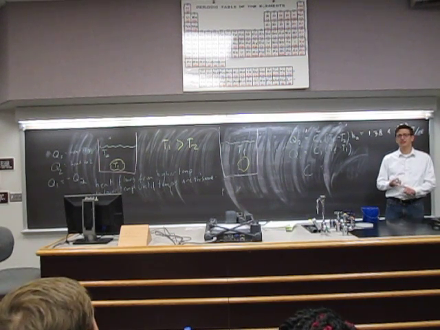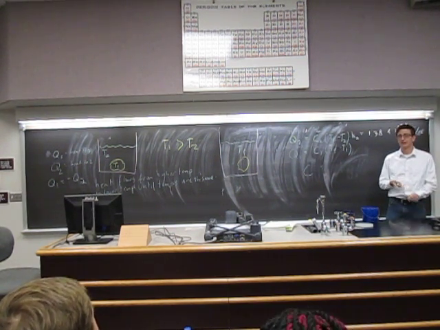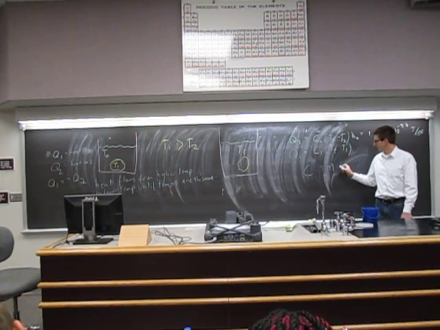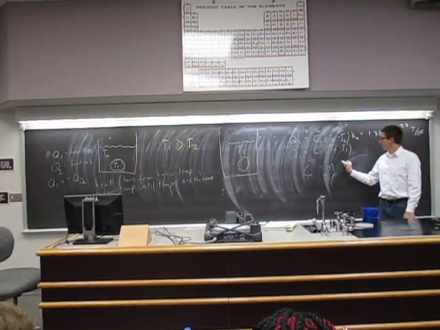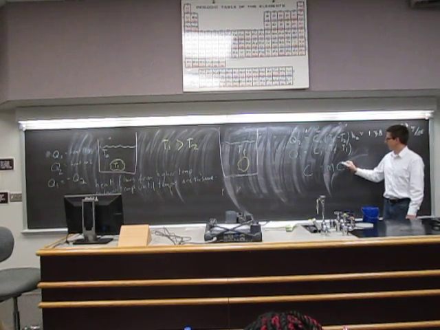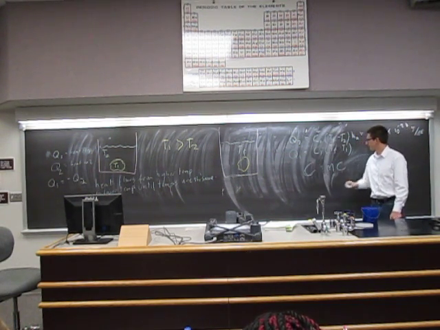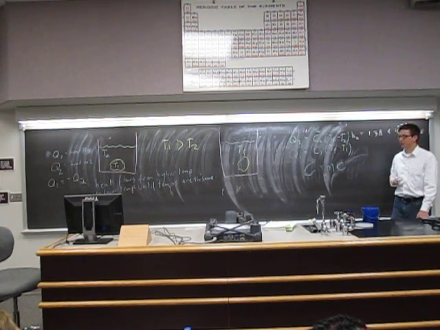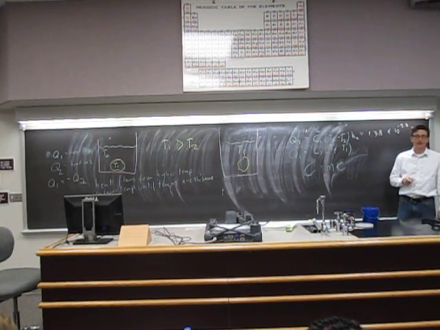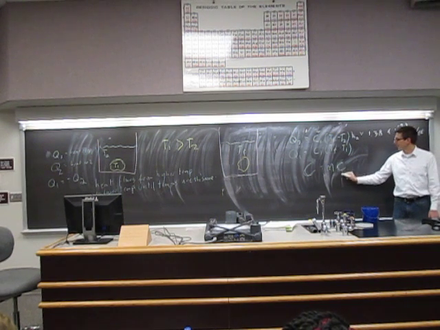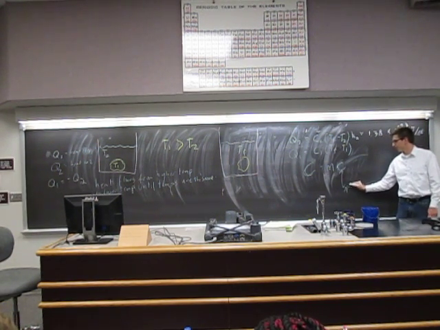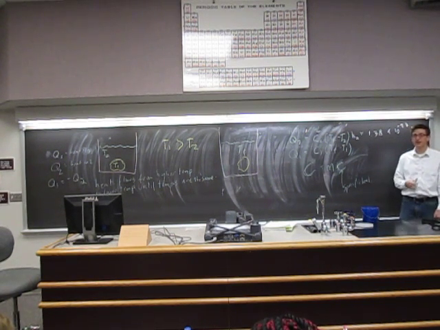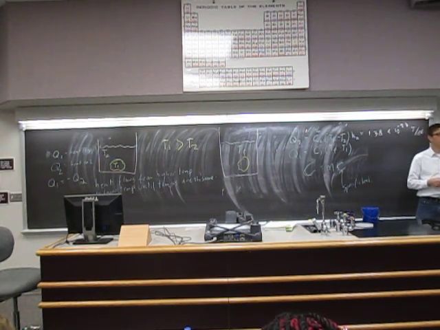That's the heat capacity per mass. So we take the mass of the substance, times what we call little c. This is called the specific heat. And you'd have to look that up. That's different for every material. It depends on the material.